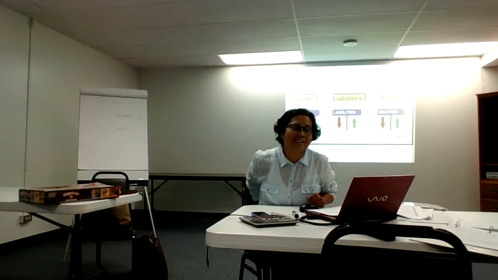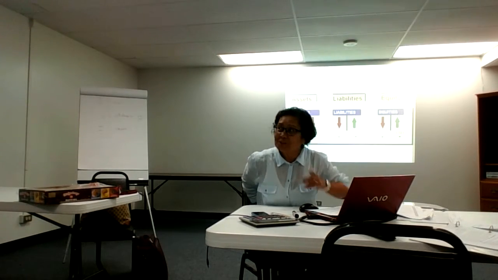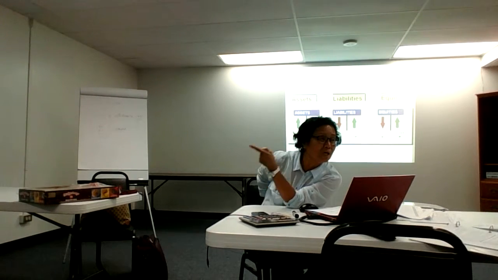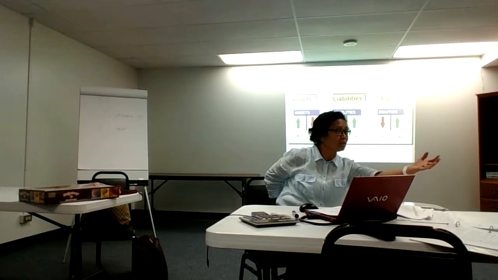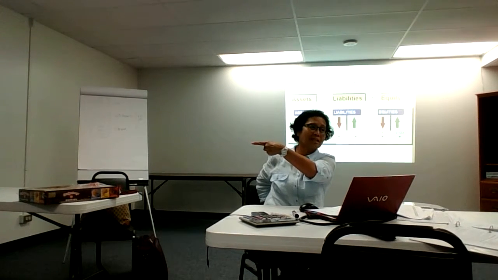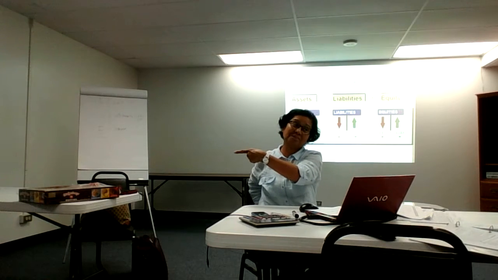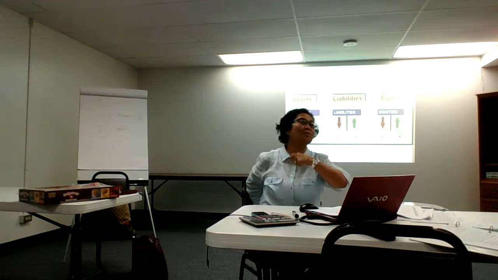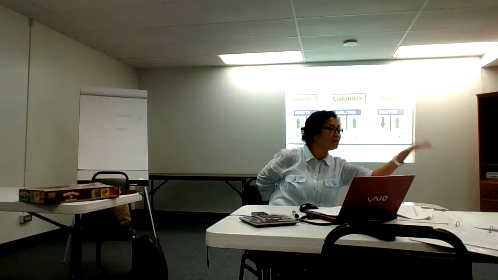Later when we solve the problem, the same problem that I gave you, we will interpret it in debit and credit. This one we only did plus and minus. Next week we'll do the debit credit principle and forget about plus and minus.